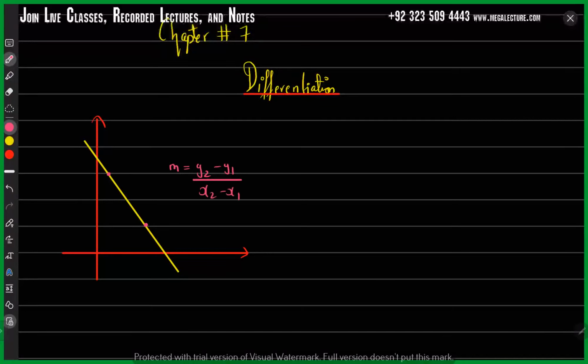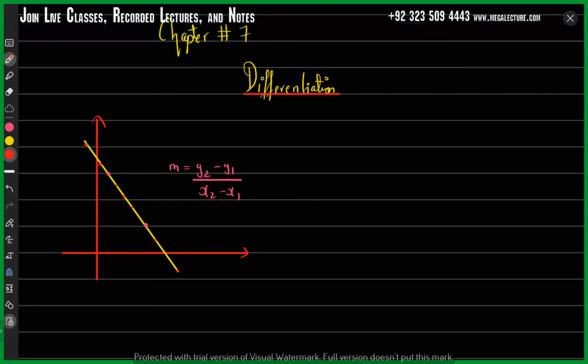So in case of a line, we know that the gradient is same all over the line, the slope is same all over the line. So I can just pick up two random points, find the gradient, and I would know that on every point the gradient is same. If the gradient is -2, it's going to be -2 on all the points lying on this line.